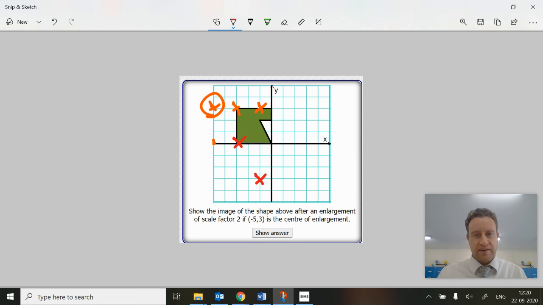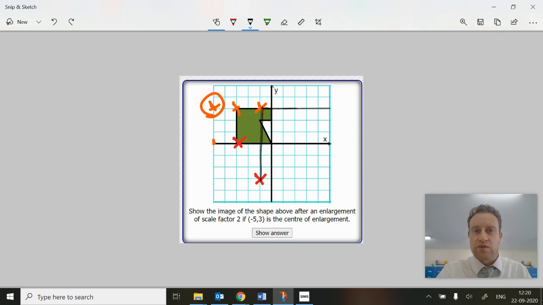Now, again, once you've done a few points, you might be able to draw the whole thing in. Now, I can see that my length of 3 becomes a length of 6. I'm just doubling it because that's what the scale factor is. And my length of 3 at the top is also going to be a length of 6. So there's a length of 6. I've got 1 down.